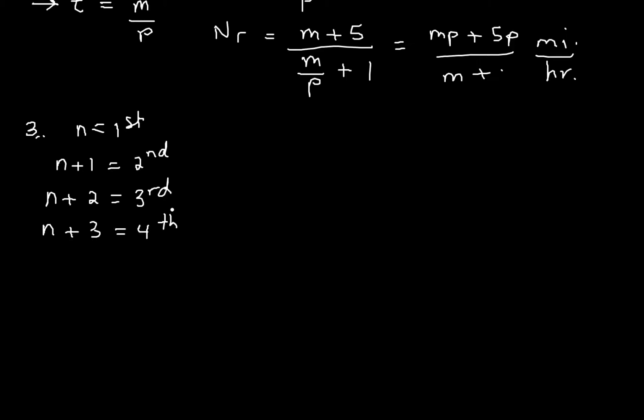Find 4 consecutive negative integers such that the product of the first and the third. So we take the first and the third, like this. And then we just keep following along here. The product of the first and the third is 25 greater than the product of, so it's 25 greater.